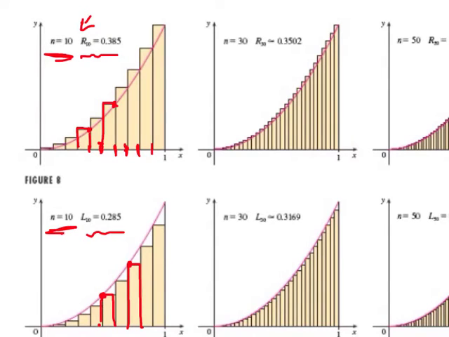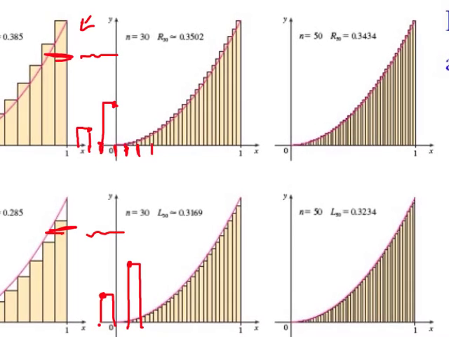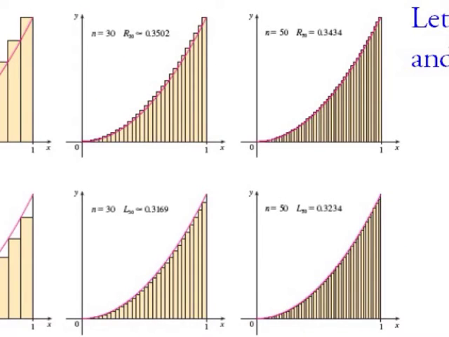Now another thing to pay attention to is how good your estimate is depending on how many rectangles you have. So you have 10 rectangles there. Let me move this a little bit. And what you can probably see is that the higher the n gets, the closer these numbers are getting to one another.